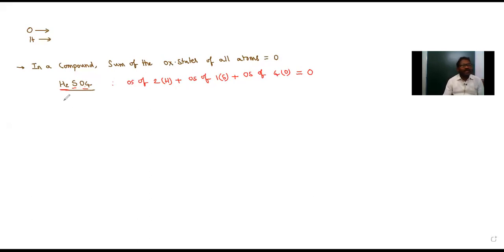If you take KMnO4, in potassium permanganate, 1 potassium atom is present. Is it not? 1 potassium atom.